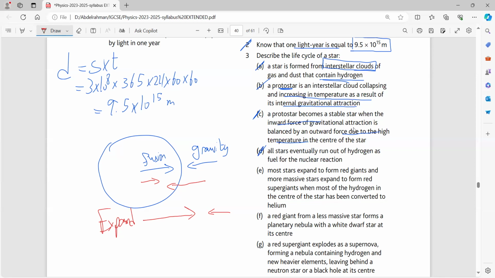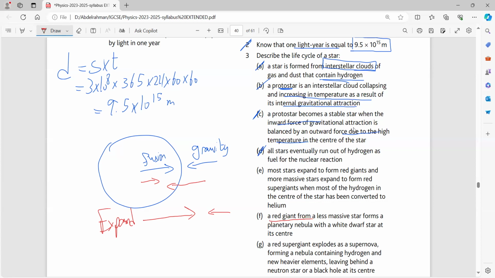Now when it starts to expand, we have to differentiate between two types of stars: a small or medium star, or a supermassive star. Small and medium stars, like our sun, will expand and become red giants.